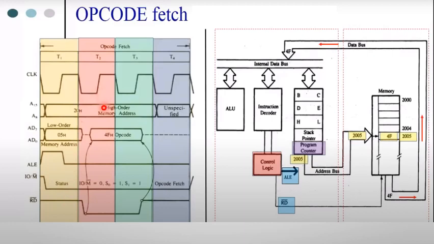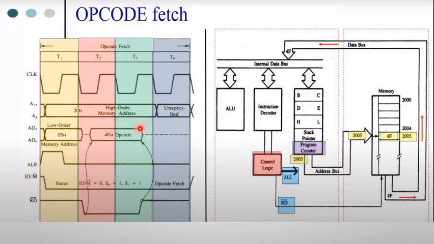During the second clock cycle, the address is now obtained, and it has to read the opcode which is in the address location. So the RD bar signal goes low. Once it goes low, the opcode in the address location is read by the microprocessor, and this read operation continues till the next clock cycle. That is, the T3 cycle also performs the opcode fetch; the opcode is read during the T2 and T3 clock cycles.